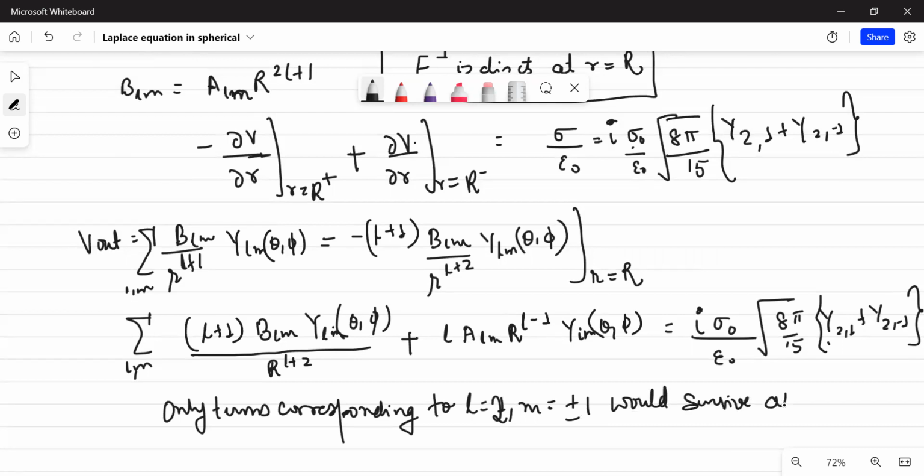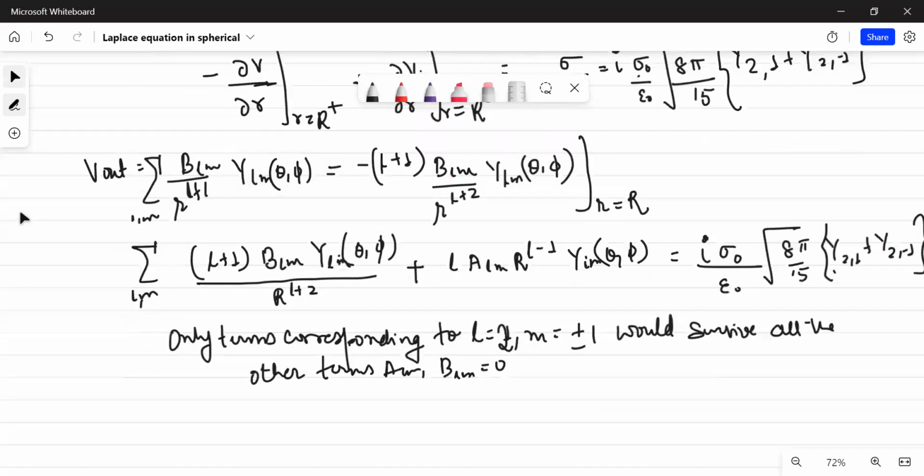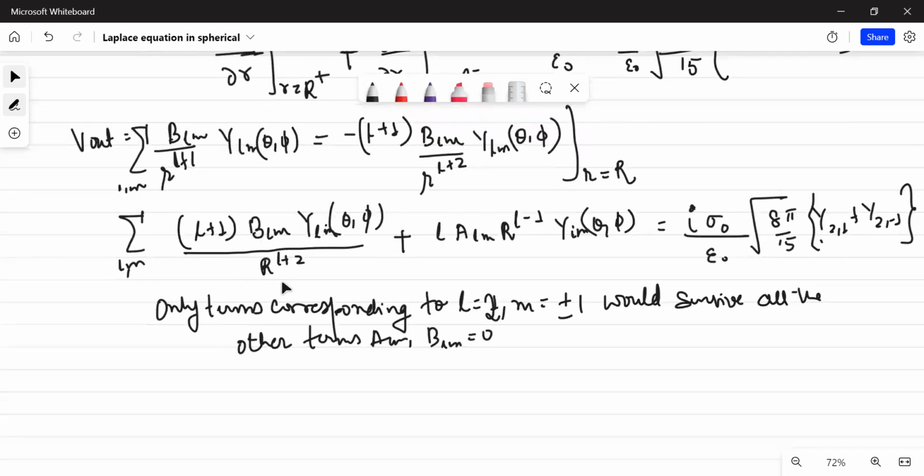All the other terms of ALMs and BLMs are 0. Is that clear?